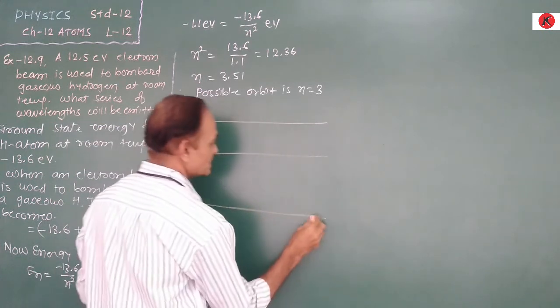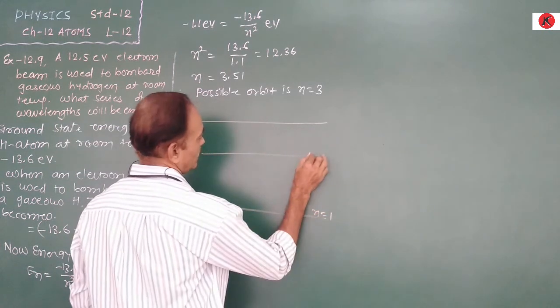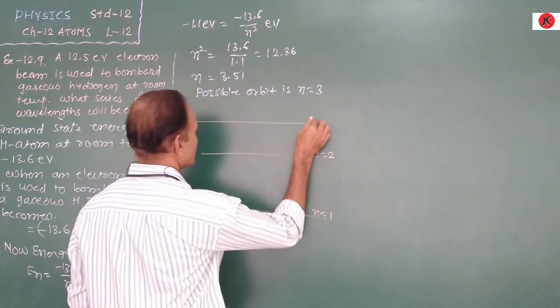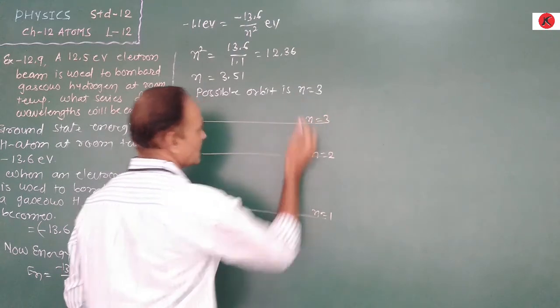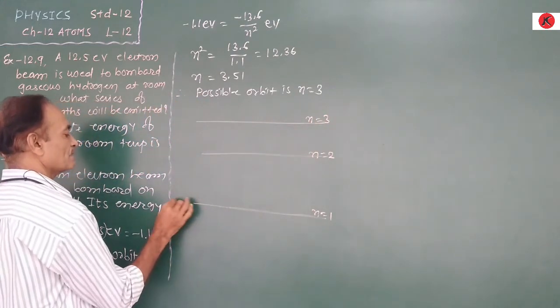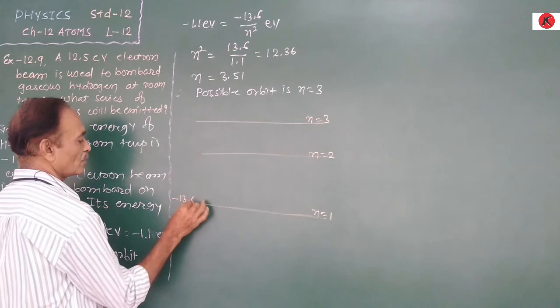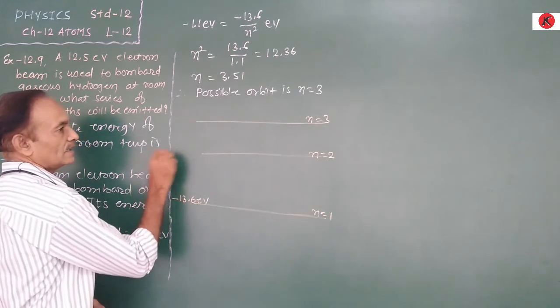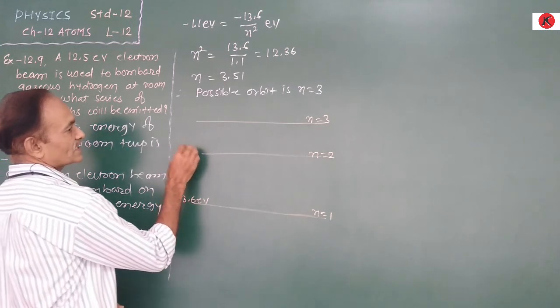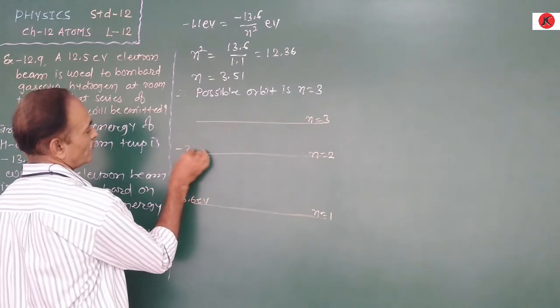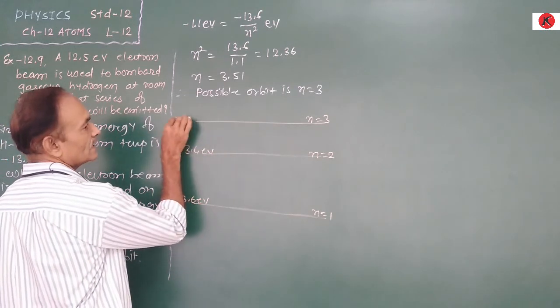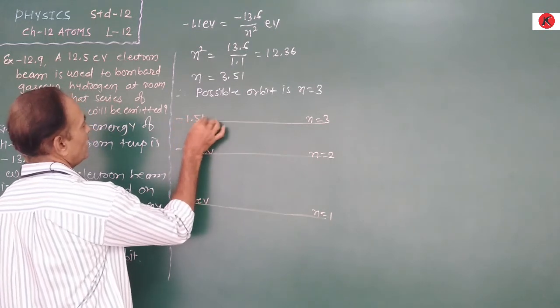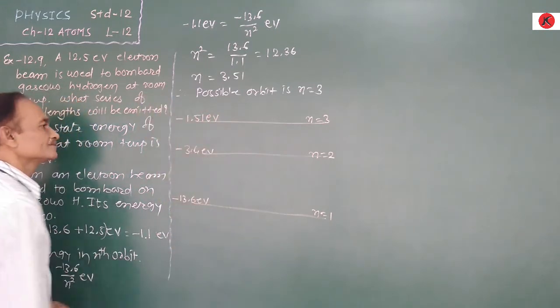There is n equal to 1 ground state, n equal to 2 first excited state, and n equal to 3 second excited state. Here the energy is minus 13.6 electron volt, here minus 3.4 electron volt, and here minus 1.51 electron volt.